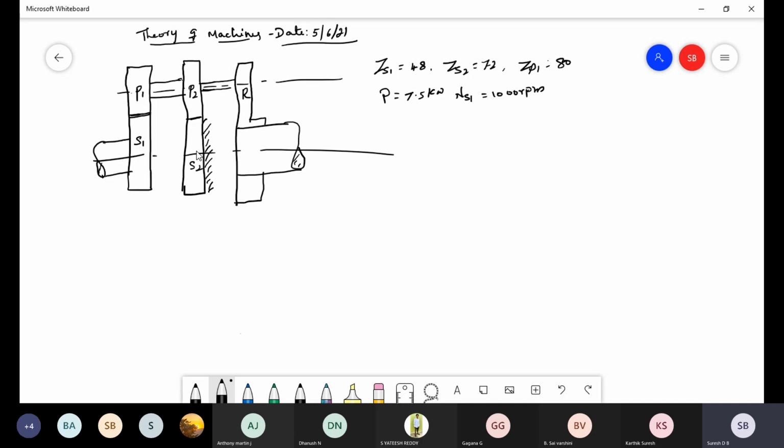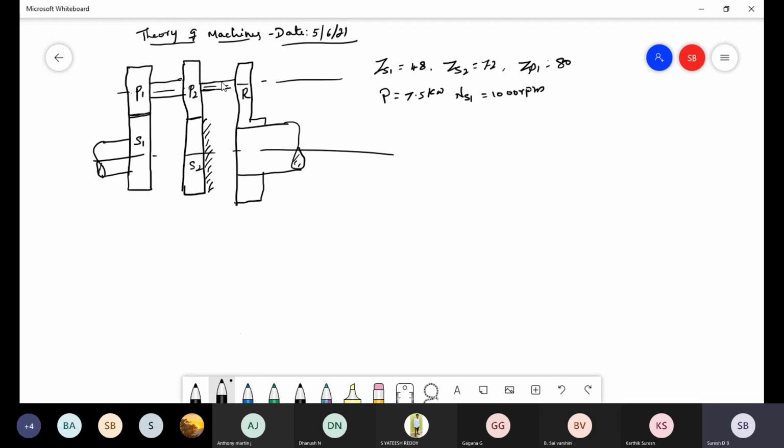According to the application, once that one is in stationary condition, you can remove the fixed point. At that time, when gear P2 is rotated, gear S2 also rotates, and this particular arm is connected to the P2 gear. Once P2 is rotated, the arm also rotates in the same direction.